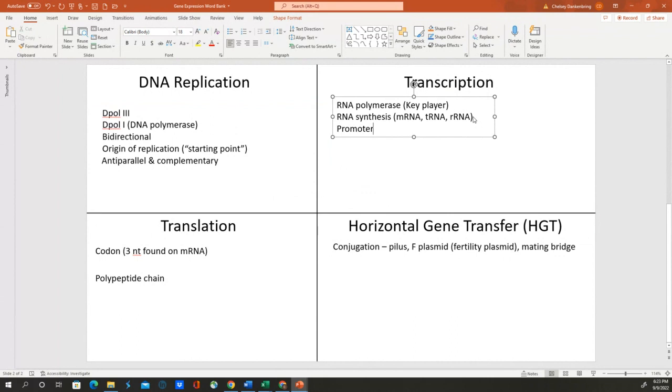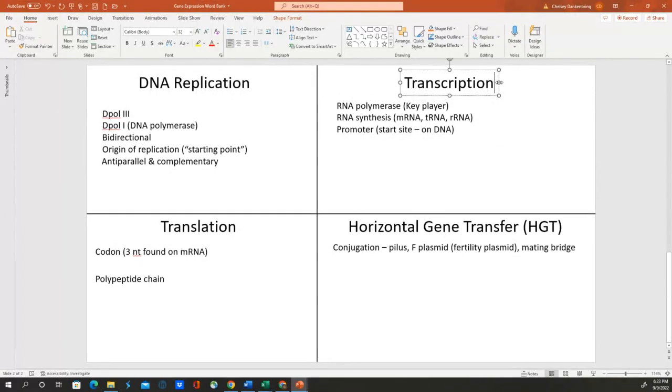All right. And then Taylor, I think you put in there promoter. Good. What is the promoter? That's going to be good. That's going to be our start site. And remember, it's on DNA, because during transcription, I'm going to kind of just be adding things as I talk. With transcription, that's where we're starting with DNA and we're making RNA.